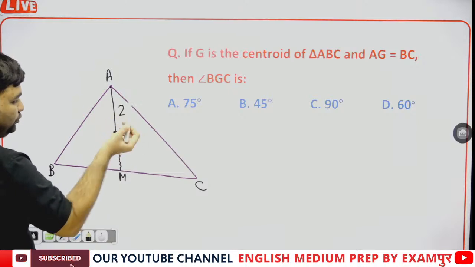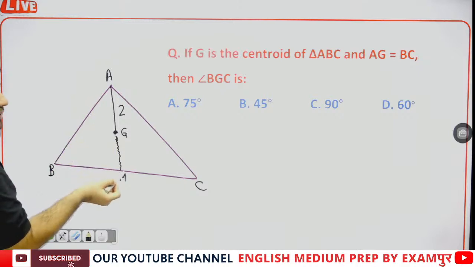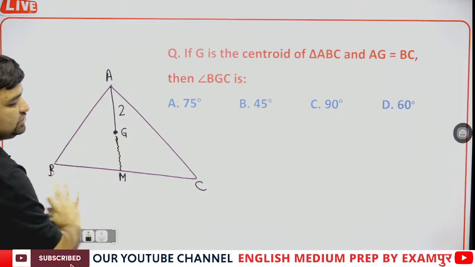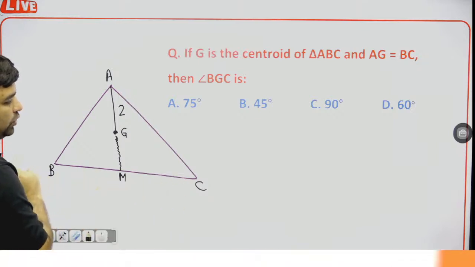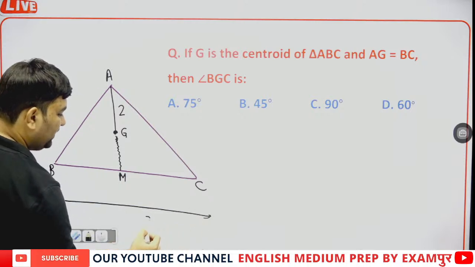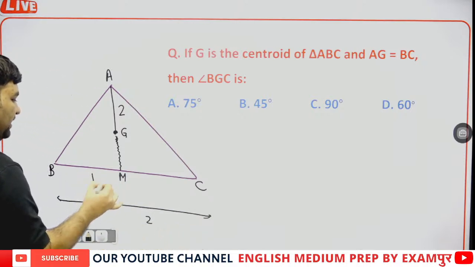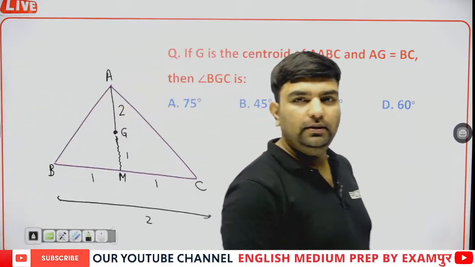I'm assuming this is 2. If this is the median, it will divide the side into two equal parts. So if AG is 2, this is also 2, given. So these parts are 1 and 1.